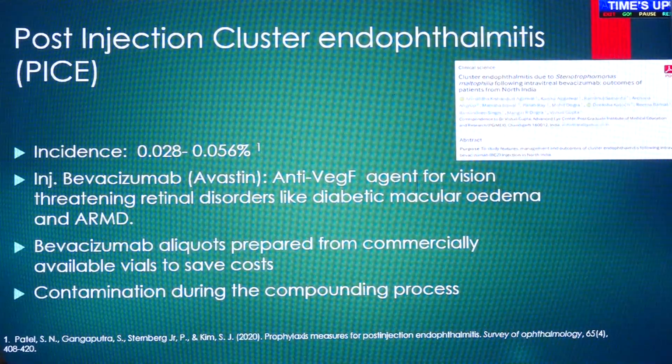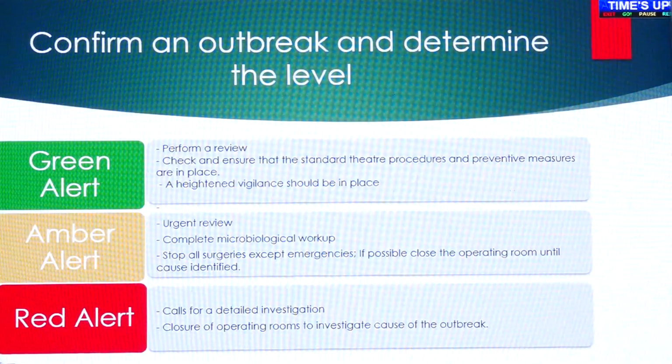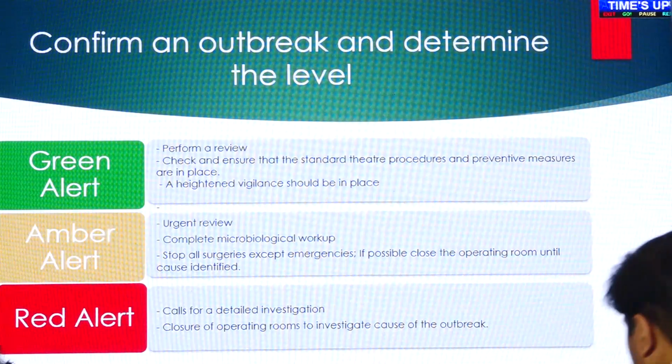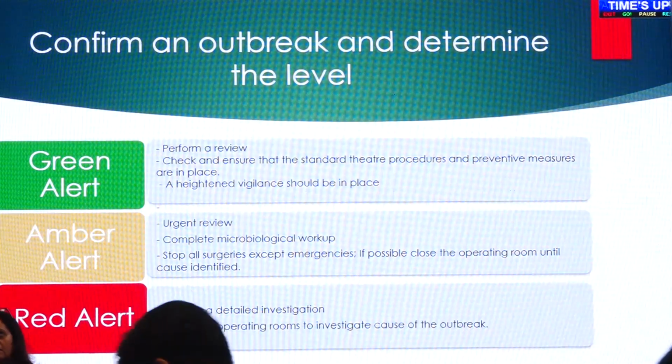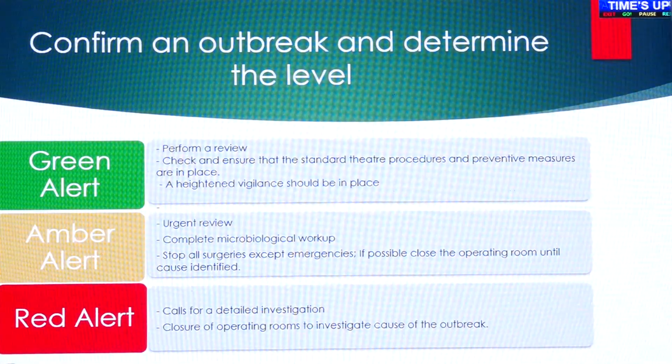And here is a report from PGI. They had several cases of endophthalmitis there. So once you are looking at endophthalmitis and suspecting that it might be part of a cluster, you follow this much talked about traffic light system.